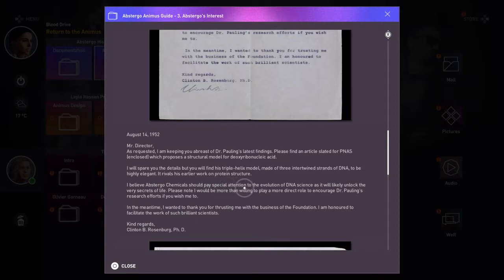Which in reality is not true, but in the game, in this universe, that could provide an explanation for the Animus, right? Say everyone or say specific people have this triple helix model.